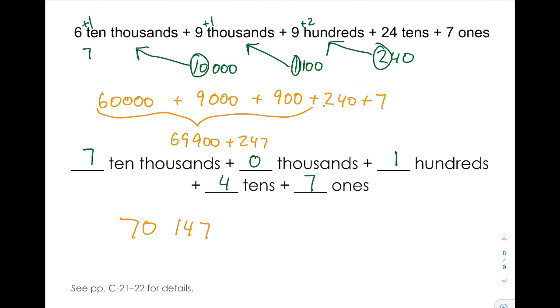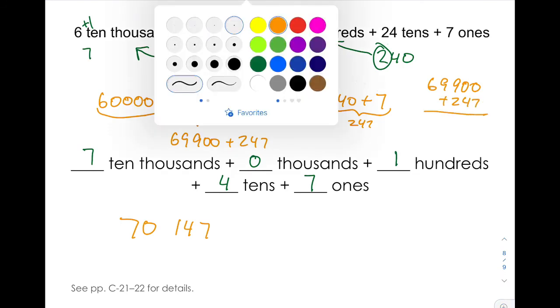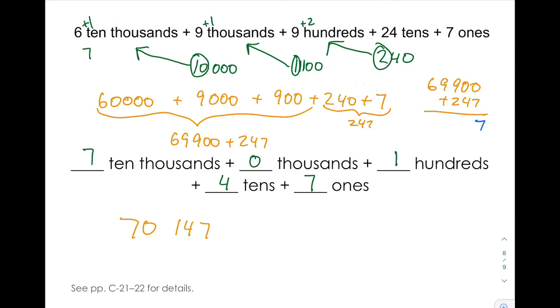I just put these two together to make 247. And let's do a quick addition on the side here. 69,900 plus 247. Let's use another color. There's 7, there's 4, 11, carry the 1, that's a 10, carry the 1, that's a 7. Do we have a match? Yes, we do. 70,147, 70,147.